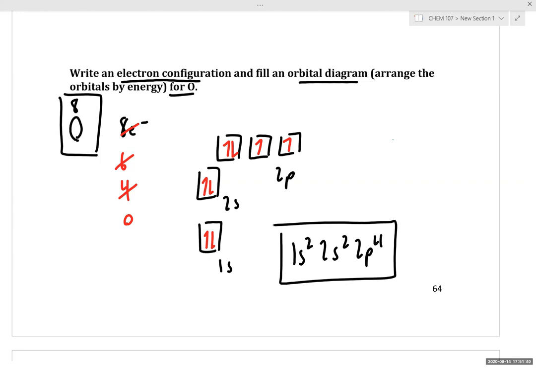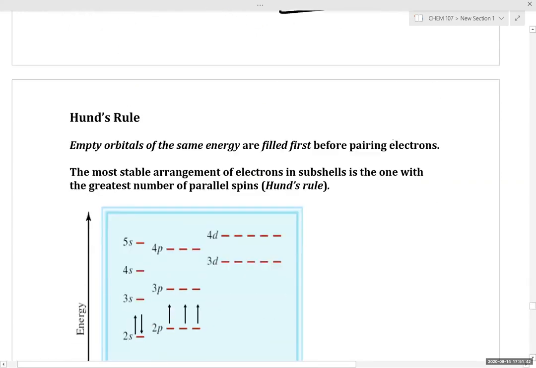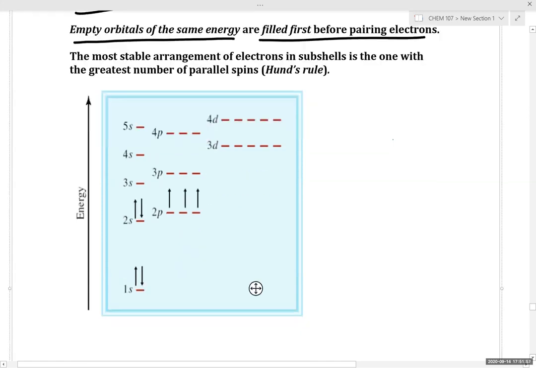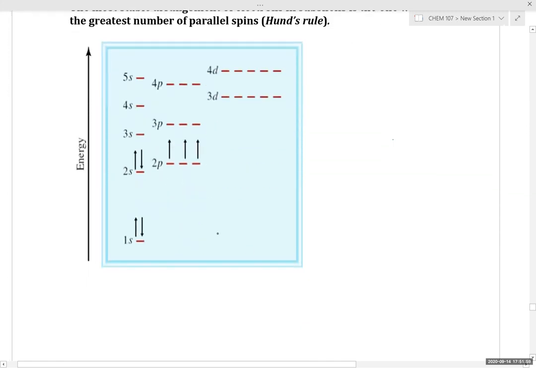If not, let's keep going and let's talk a little bit about orbital diagrams in detail. So Hund's rule states that empty orbitals of the same energy are filled first before pairing electrons. So for example, in the following diagram, which happens to be for nitrogen, notice how our electrons in the 2p orbital are left unpaired.